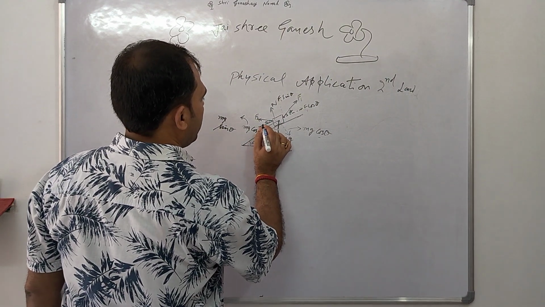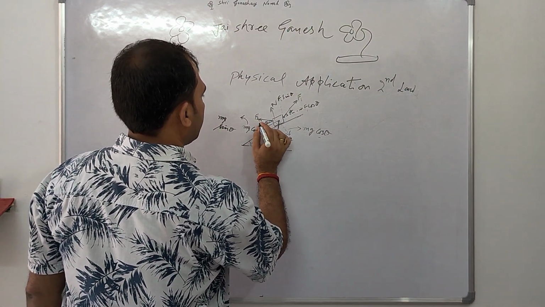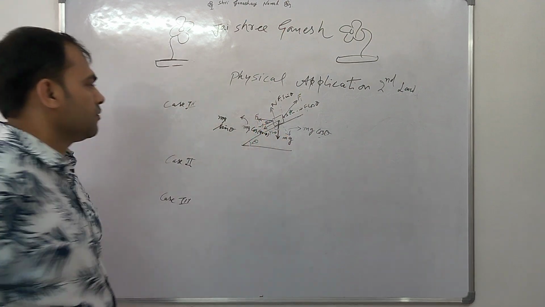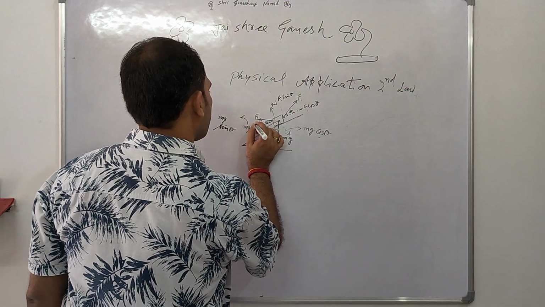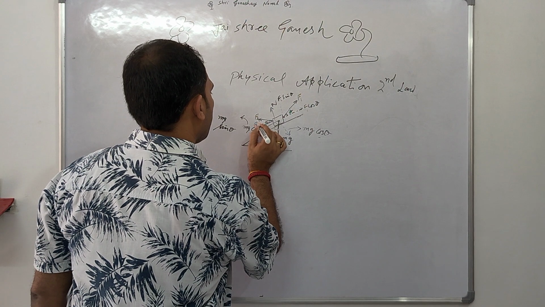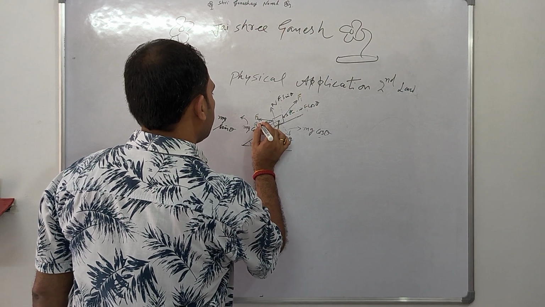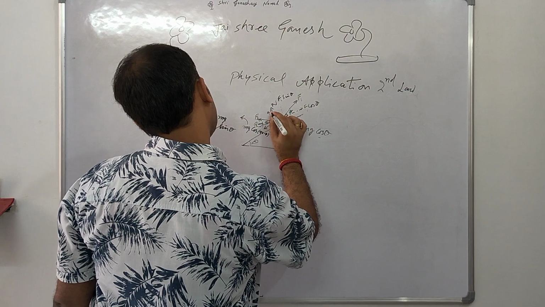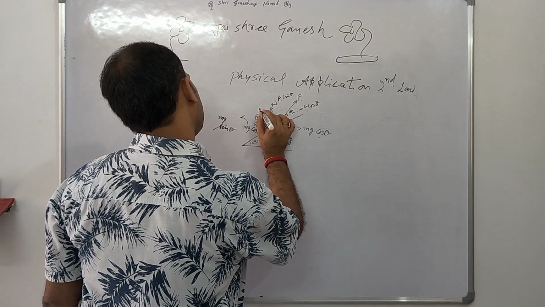So its component along the plane will be F2 cos alpha, and perpendicular will be F2 sin alpha.